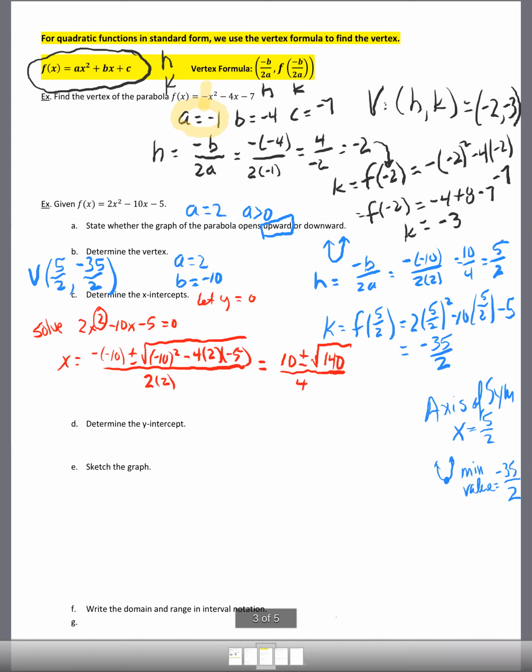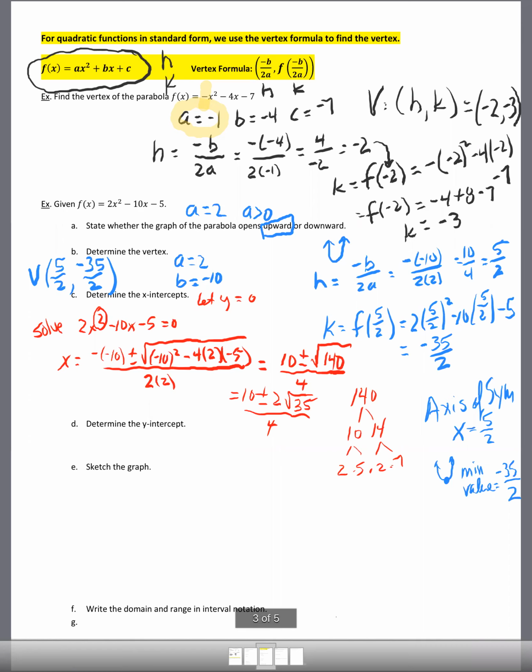What I know about 140, this is 10 times 14. I could start there if I wanted to. That's 2 and 5. That's a 2 and a 7. So I definitely have a pair of 2's. So this fraction becomes 10 plus or minus 2 square roots of 35, because I have a 5 and a 7 still left underneath. This is all over 4.